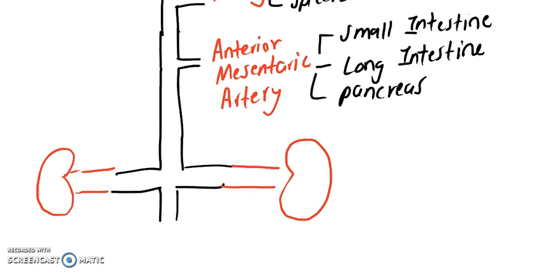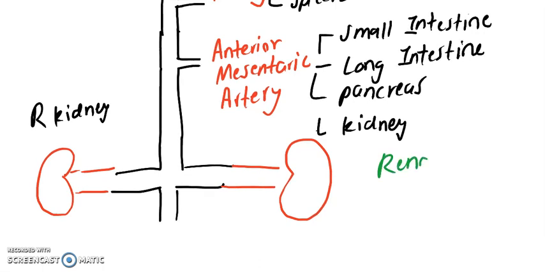So here, this would be the left kidney. Oops, sorry, this would be the right. This would be the right kidney. And this here would be the left kidney. So another way, when we're talking about the kidney, we can call it renal, from a different root.